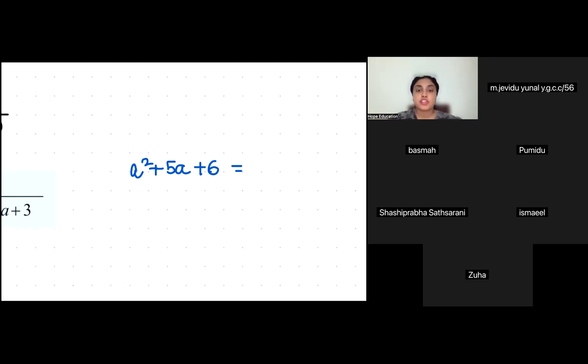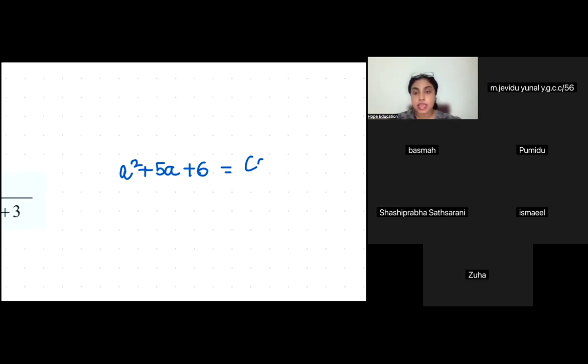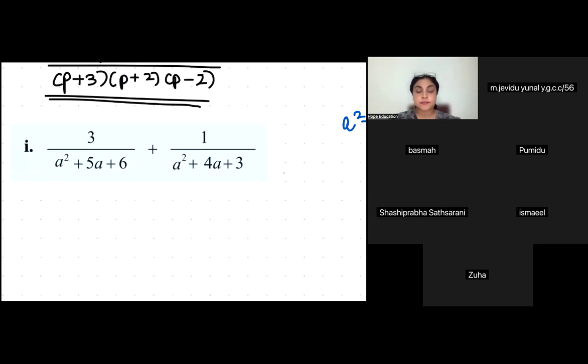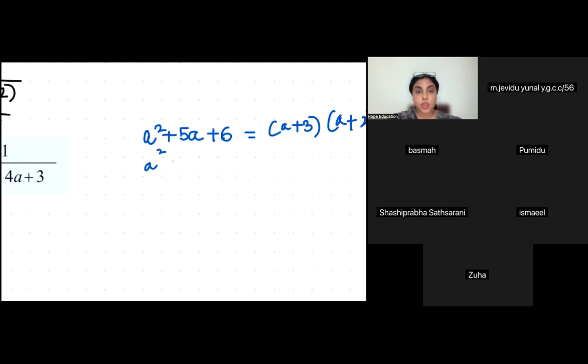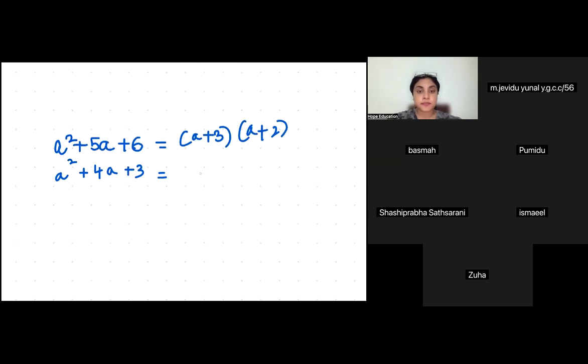So here this would be a plus 3, a plus 2. Then the other one is a squared plus 4a plus 3, and that would be a plus 3, a plus 1.